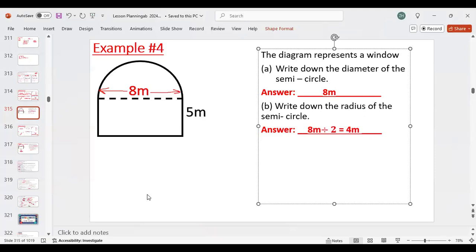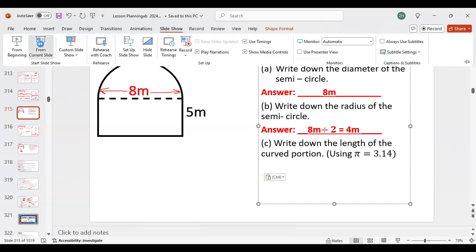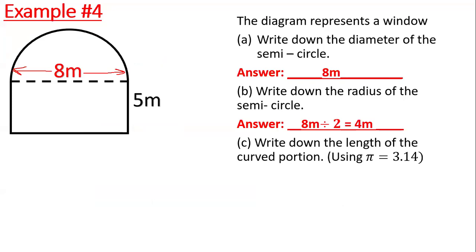This is a good question, I actually like this one. I want you to put it inside the chat. We already know what the diameter is and what the radius is. Write down the length of the curved portion, using pi as 3.14.